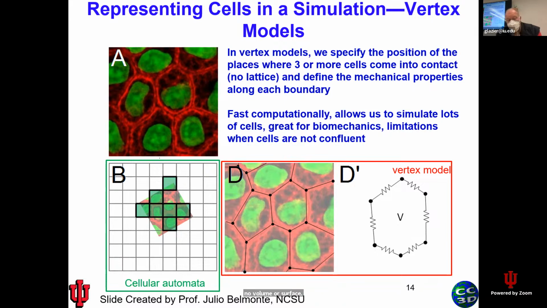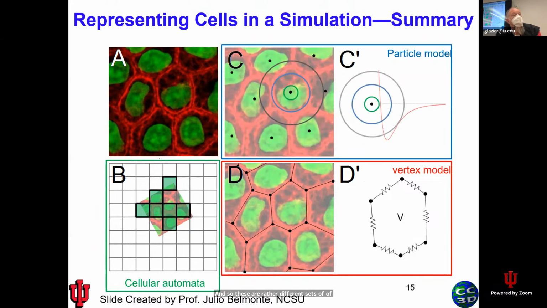In another case, the cell is a point object which has an effective volume but no surface. It's off-grid. In the vertex model, the center of the cell is a consequence of the position of the vertices. We have to infer the center position from the edges. And the volume is actually rather complicated to determine. And so these are rather different sets of possibilities that we could use.